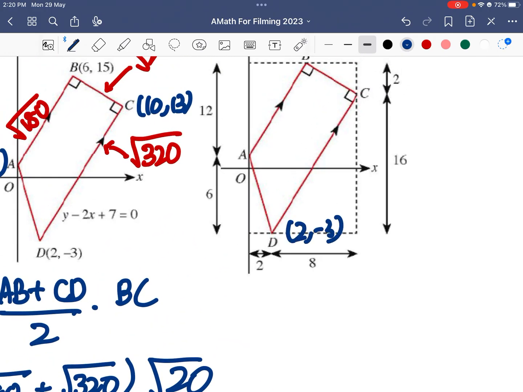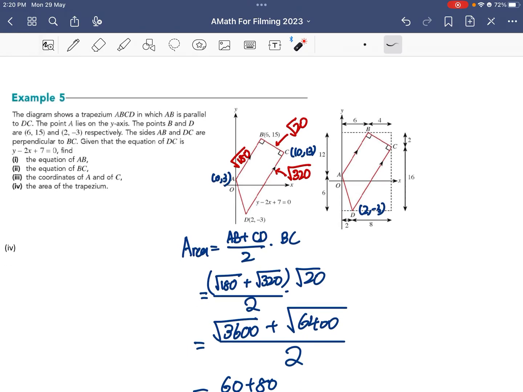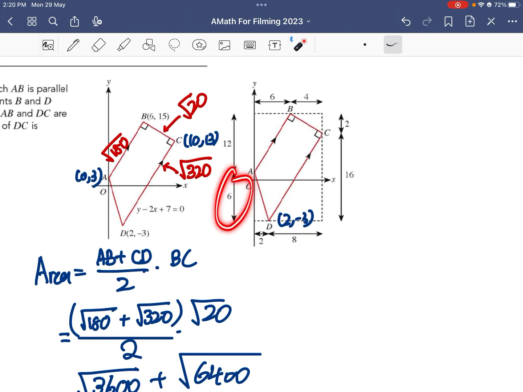If D is 2 and negative 3, it means that this portion here is 2. Here to here is negative 3, and here to here, A was 3. So this is not drawn to scale. This unit is 3. So from A to this point D, the vertical part is actually 6 units. So it's 3 plus 3 is 6 units.